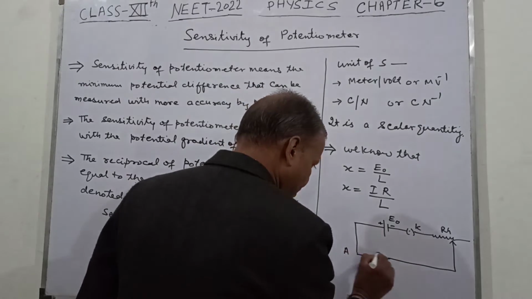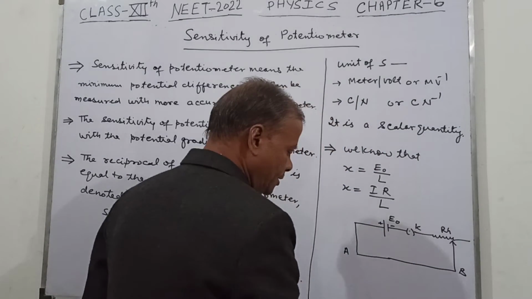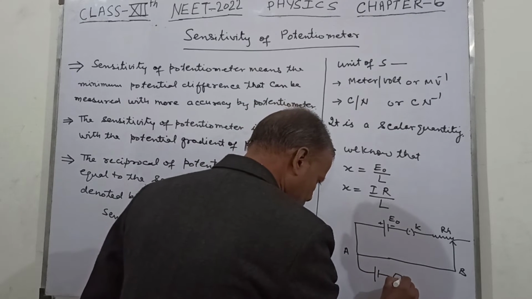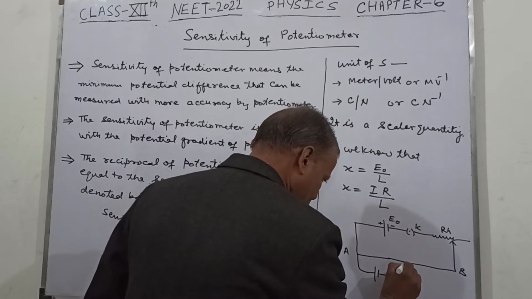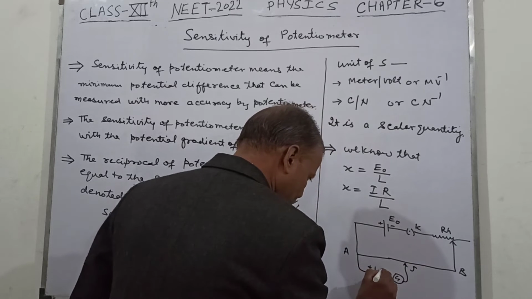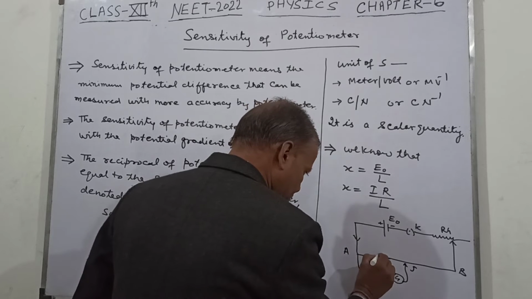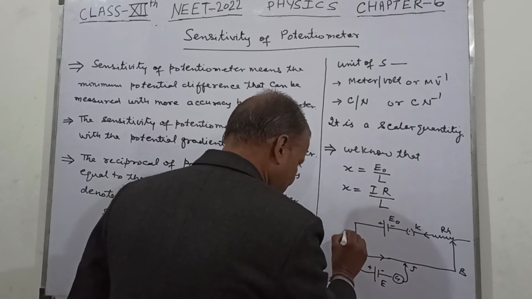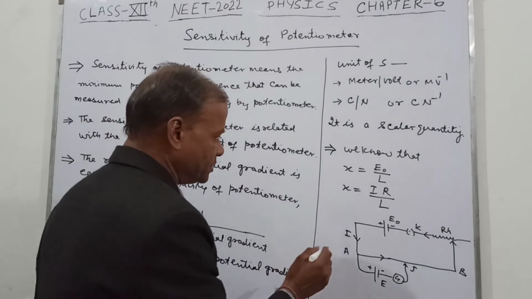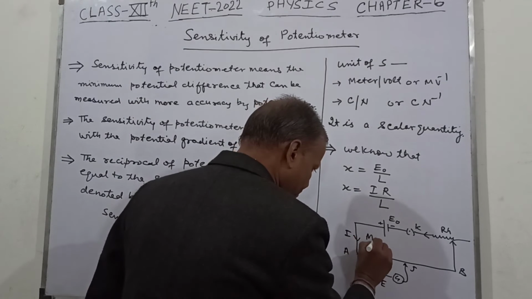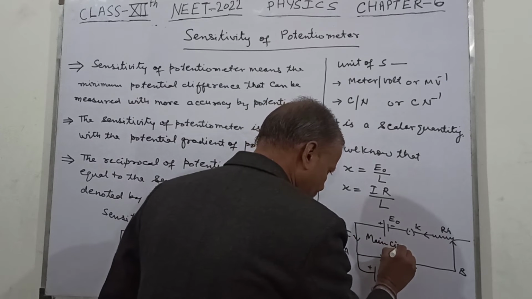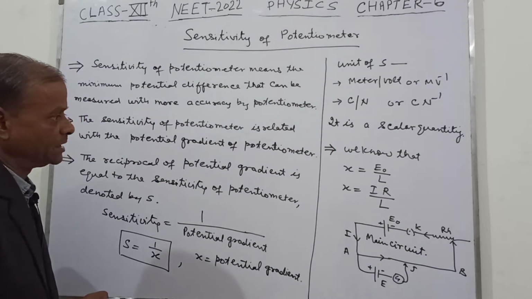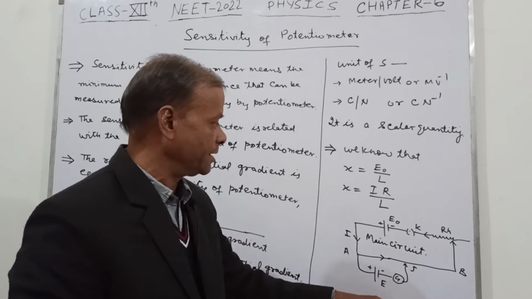This is now potentiometer wire AB, and here we have the jockey. This is E. Now current I passes through it. So this is the main circuit, and R is the resistance of the potentiometer wire AB.